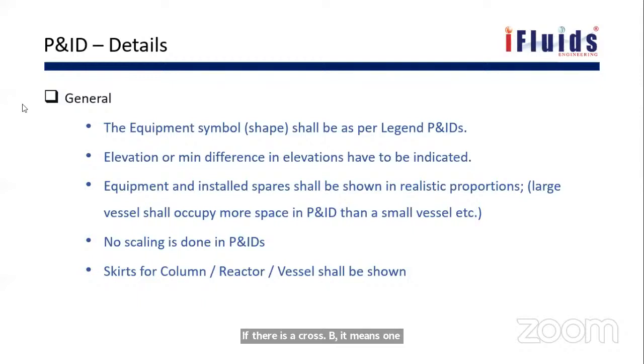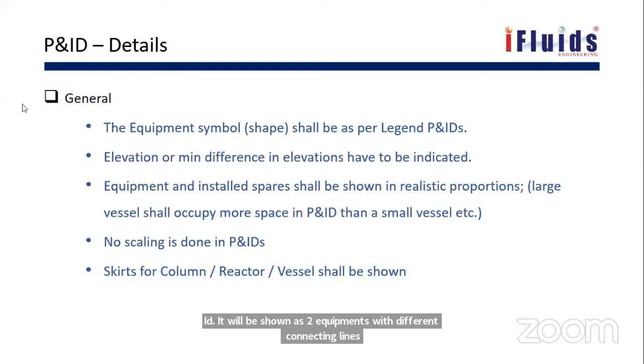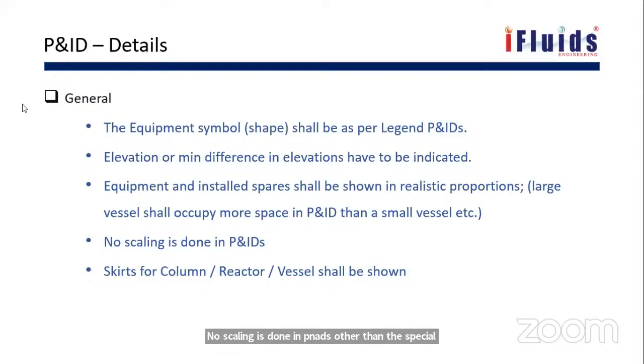In P&ID, it will be shown as two equipments with different connecting lines. No scaling is done in P&IDs other than the special elevation or minimum difference that has to be mentioned. That will be indicated for equipments or some lines, but no actual scaling is done in P&IDs.